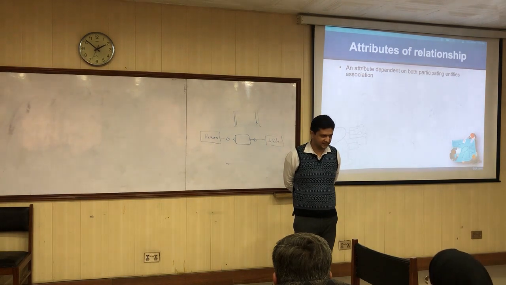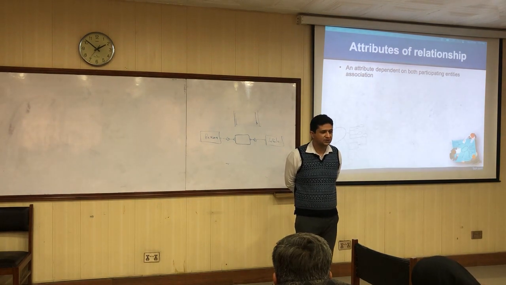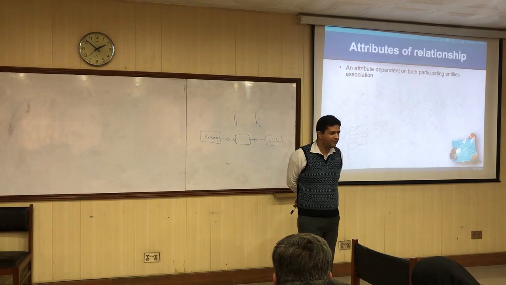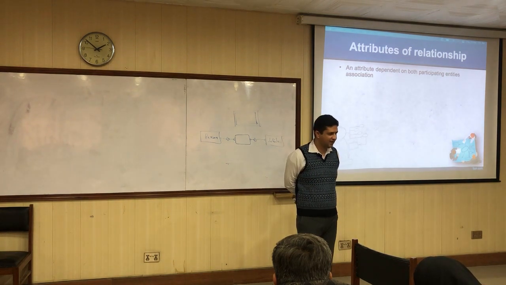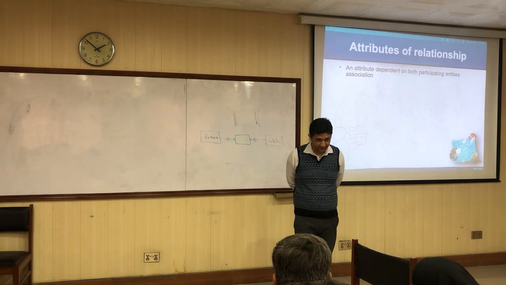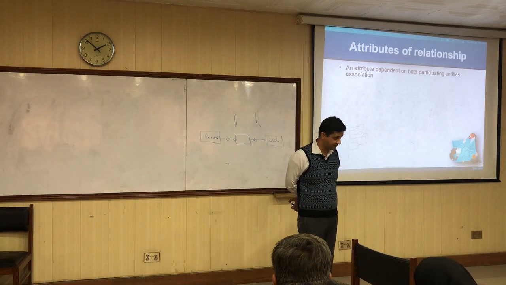There are some cases in which the value of an attribute is not solely dependent on an entity type. Rather, the value is dependent on the relationship of more than one entity types.